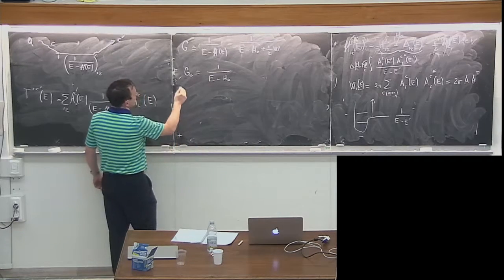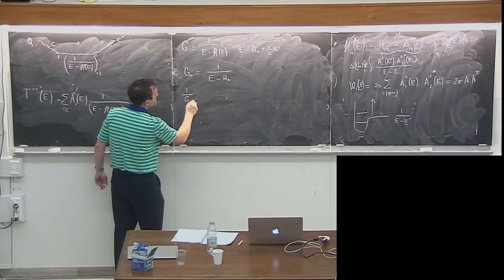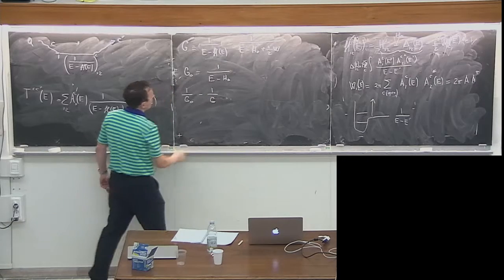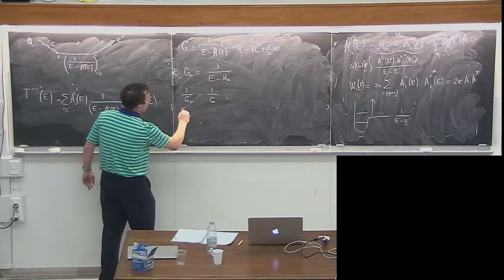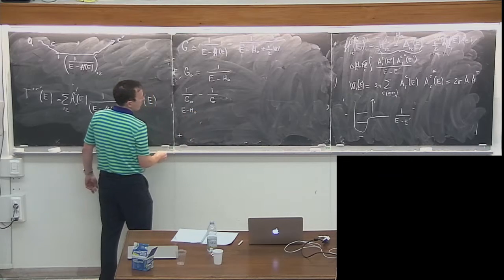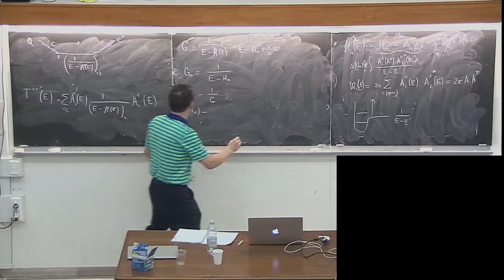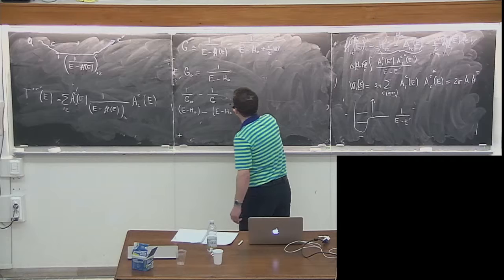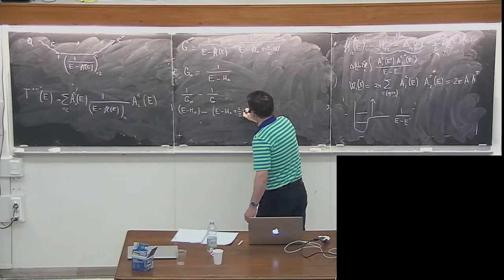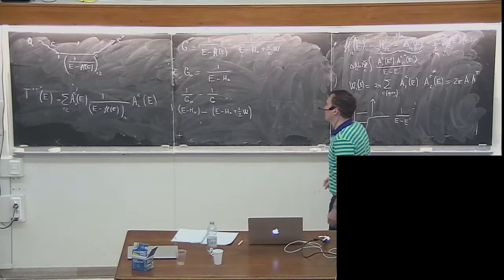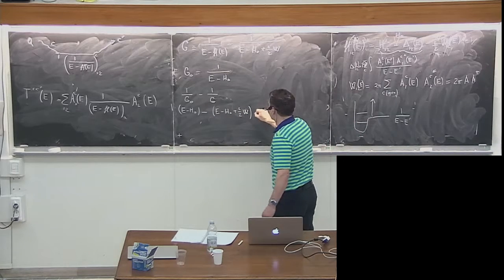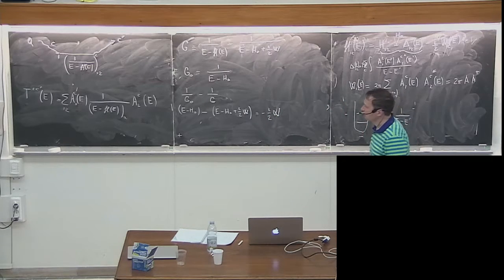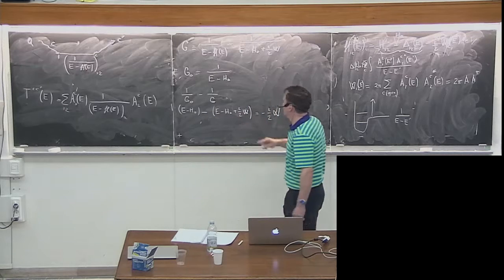If I take 1 over G naught and take it minus 1 over G, then obviously this one is E minus H naught, and this one is E minus H naught plus i over 2 W. So therefore we'll get W, because everything else cancels out, I have only that part.